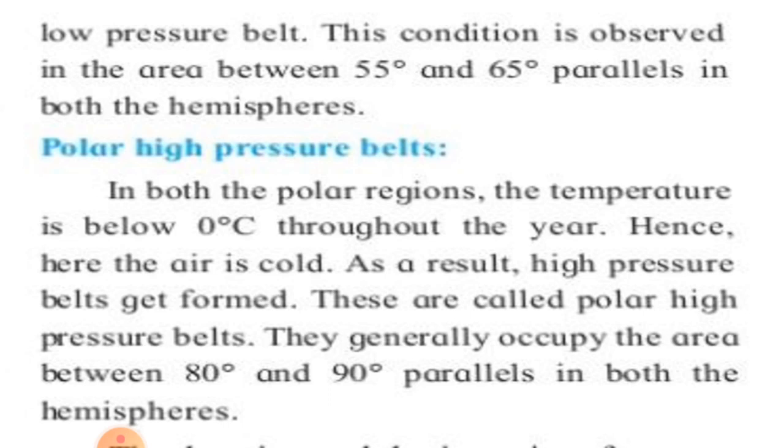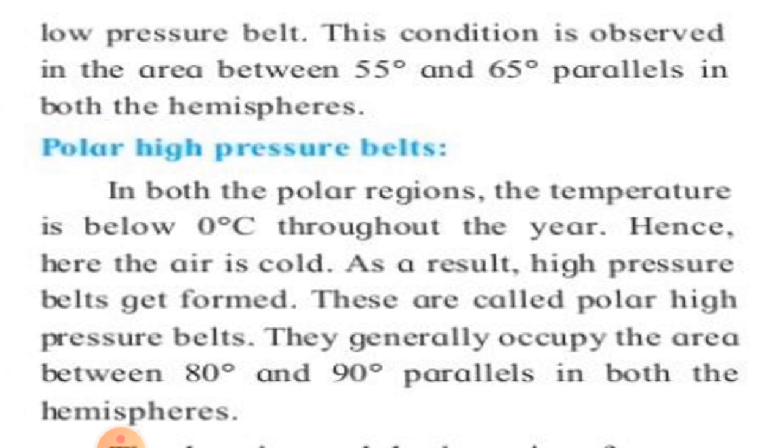Dear students, in both polar regions, that means the northern and southern polar regions, the temperature is below 0°C, and so the air is cold, and because of this the high pressure belts get formed, and these are called polar high pressure belts.